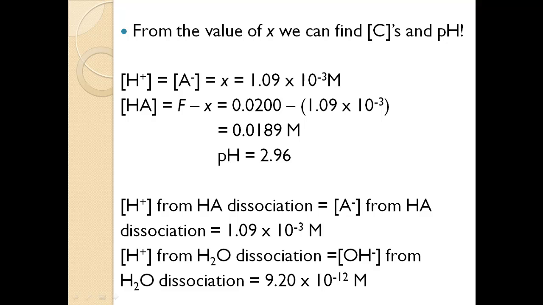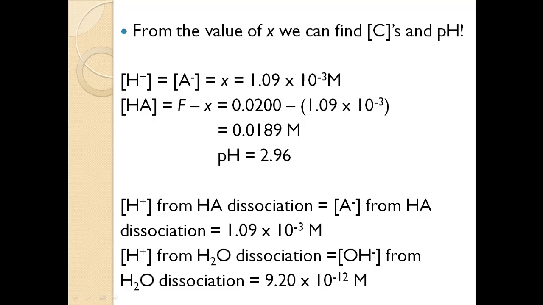At the beginning of this conversation, we said that for every mole of A minus that was formed by dissociation of that weak acid, the HA, 1 mole of H plus is created. In other words, the concentration of A minus is equal to the concentration of H plus. For reasonable concentrations of weak acids of reasonable strength, the contribution of the H plus from the acid is much, much greater than the contribution from the dissociation of water.